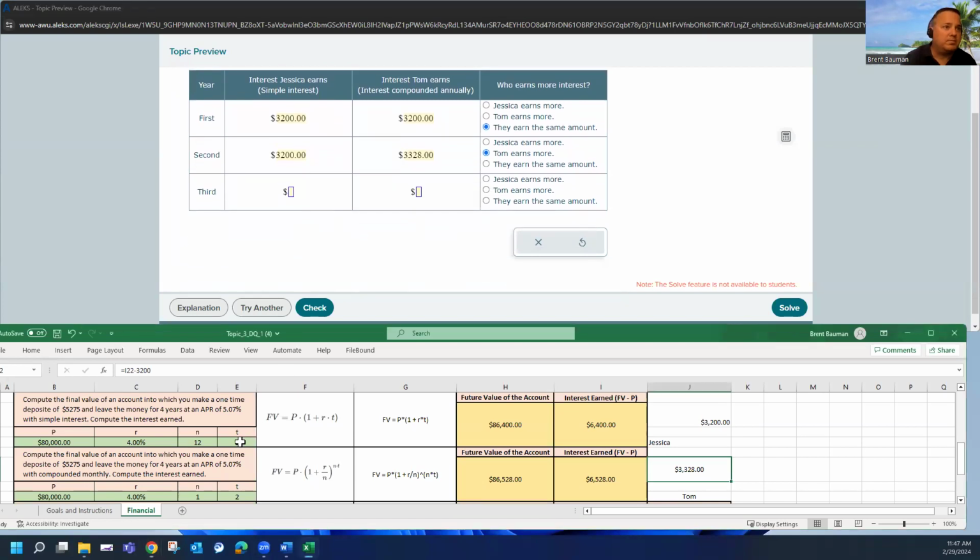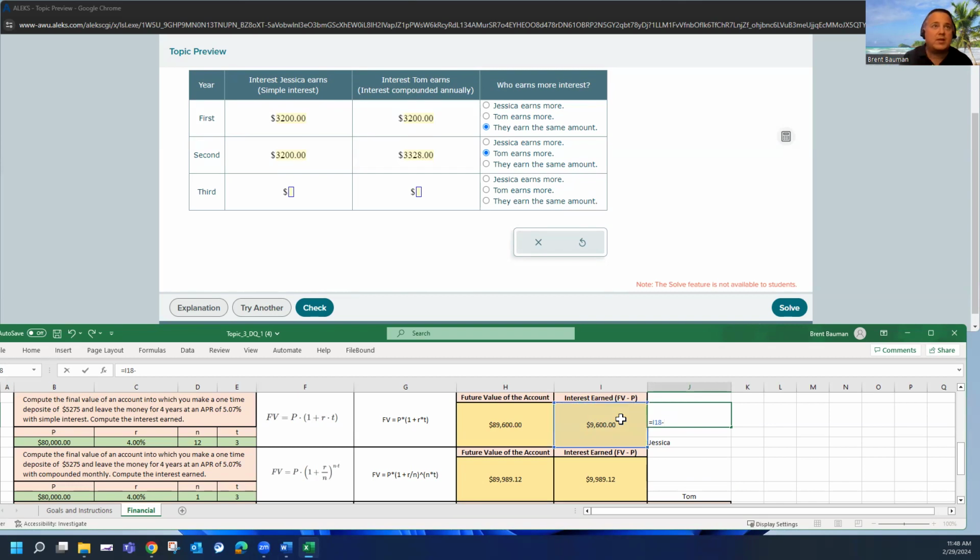Okay, third year, same idea. Change these to 3, and let's just start over with these. We have equals, and the interest that Jessica has earned total for all 3 years, but we want to know what just happened in that third year.